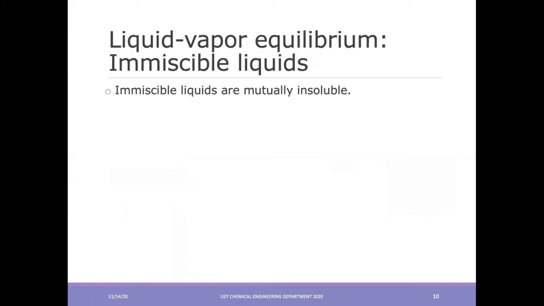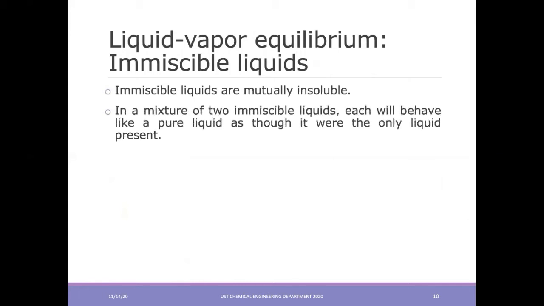So it's a known fact that immiscible liquids are mutually insoluble, and they depend much on the densities of the liquids. So how do we analyze immiscible liquids? In a mixture of two immiscible liquids, remember that each will behave like a pure liquid, as though it were the only liquid present.